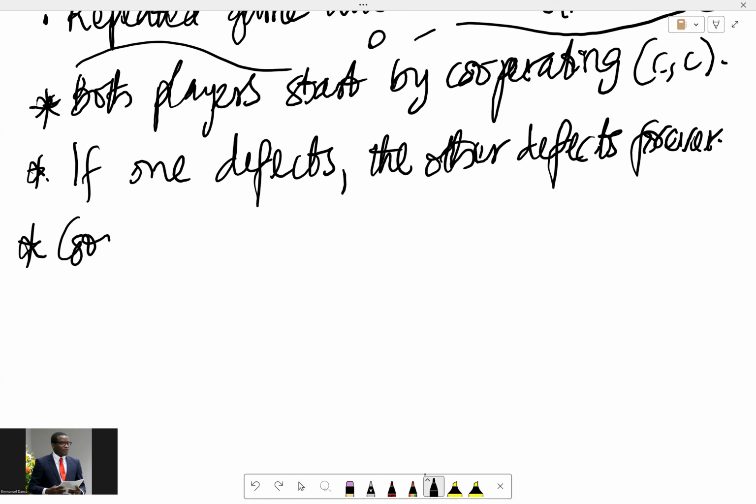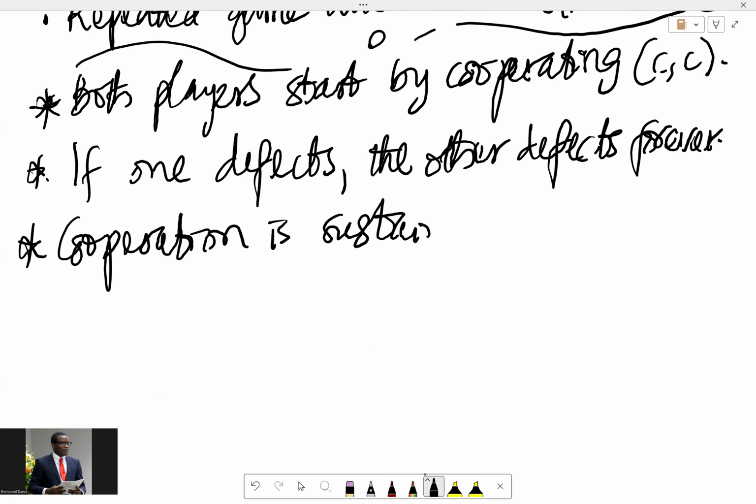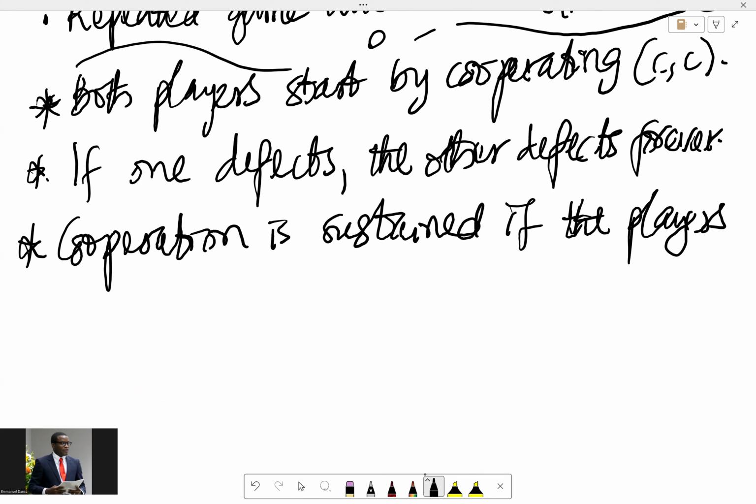Now we also have that cooperation is sustained if the players, since there's a future, value the future sufficiently.